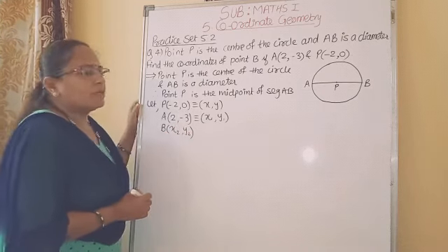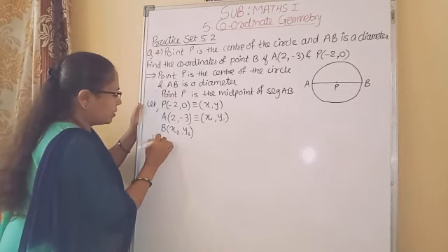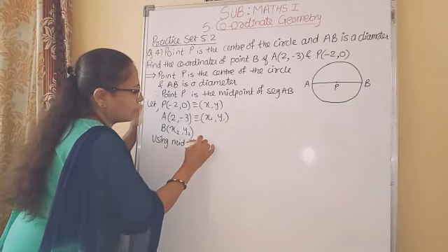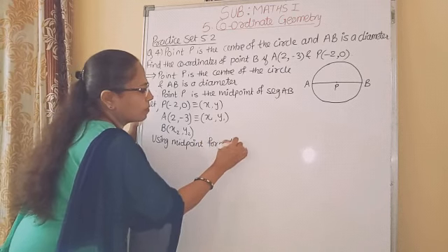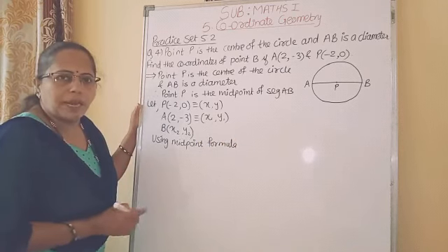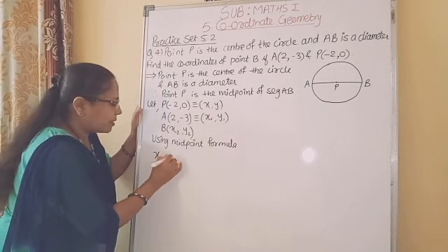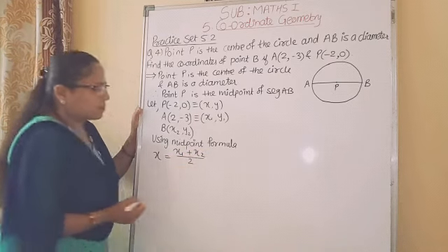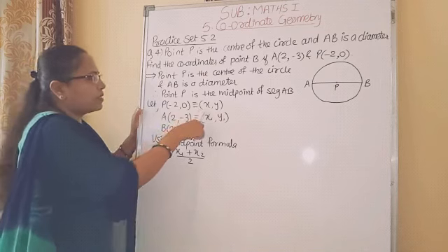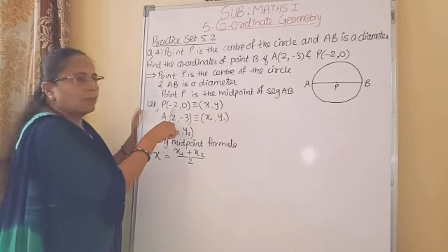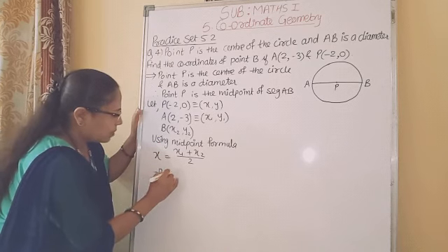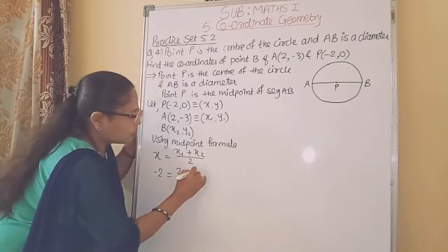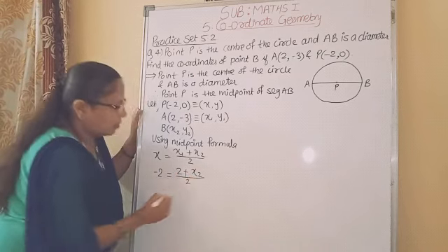Okay. Now we will use the midpoint formula. So according to the midpoint formula, the x coordinate of the midpoint has the formula (x1 plus x2) upon 2. Okay, all these values we have with us. x is equal to minus 2, x1 is equal to 2, x2 we have to find out, upon 2.